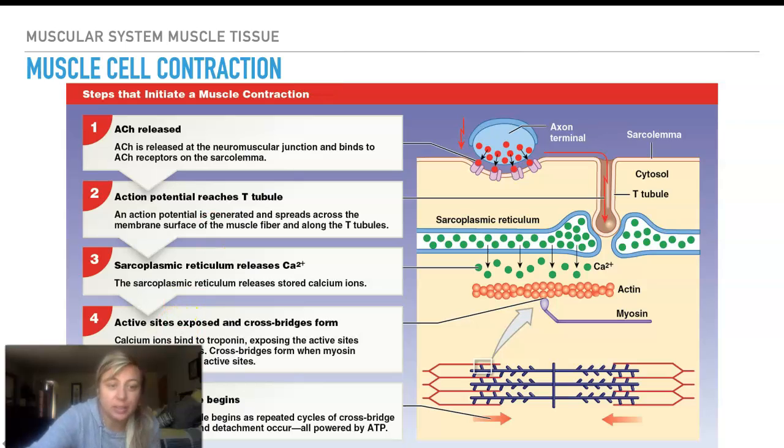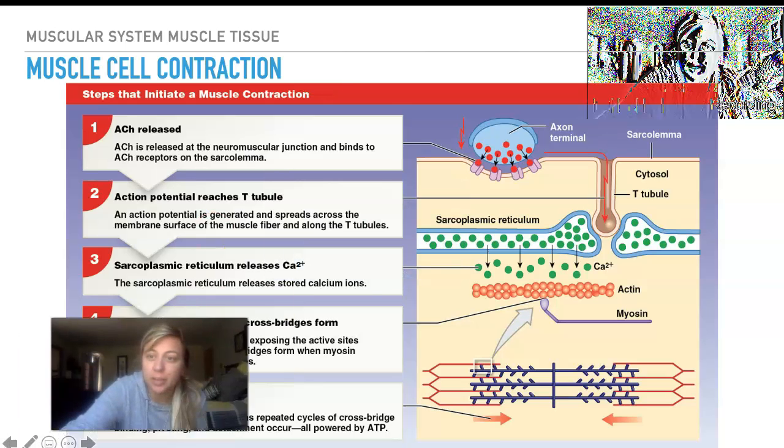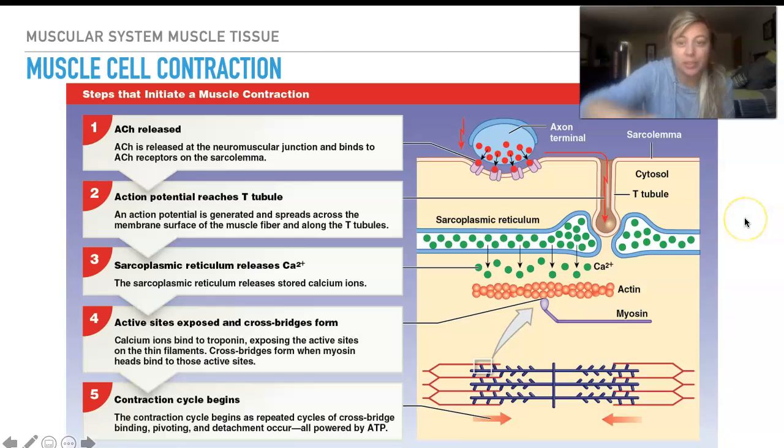So the last diagram that I threw into your notes here is basically a summary, a Cliff Notes version of everything that happens in order for a muscle cell to contract.